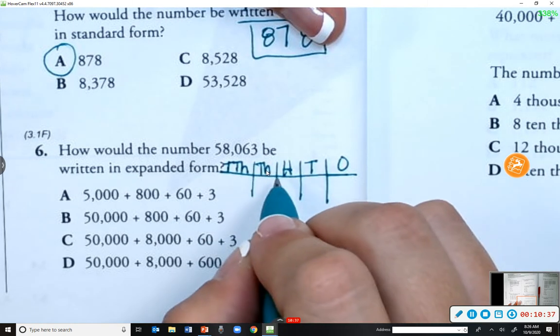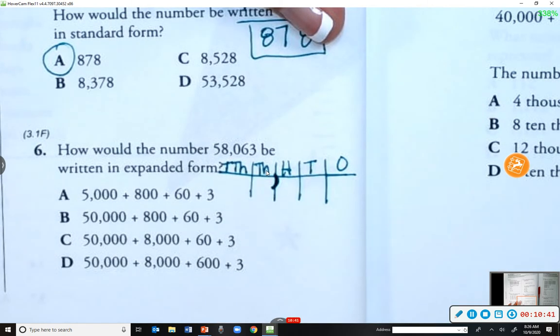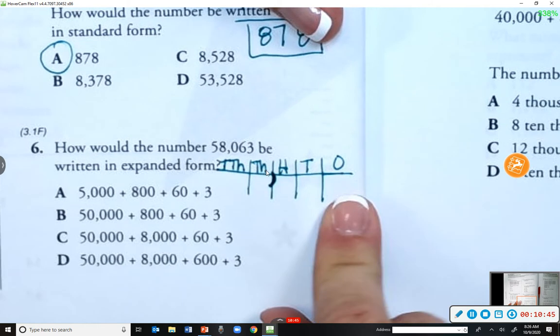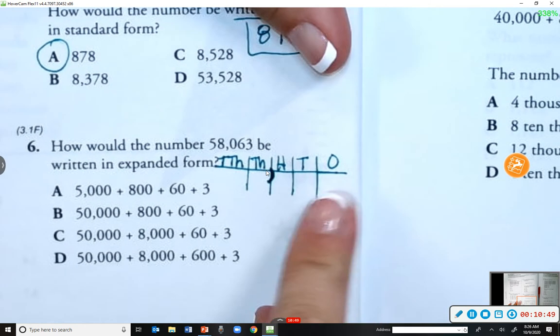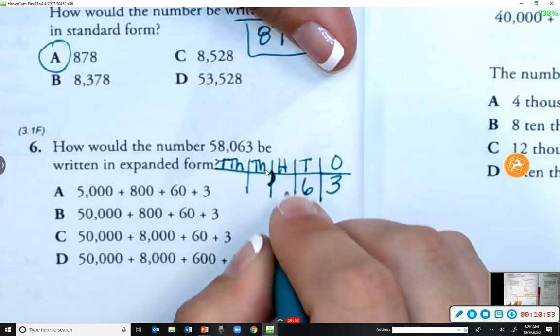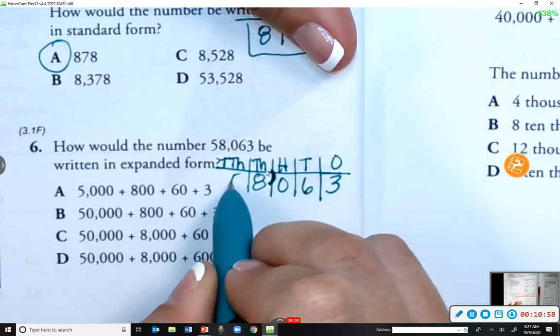Good, we'll stop there. The comma needs to go right here between the hundreds and the thousands place. Okay, now I'm just going to take this number and put it in the correct boxes. So, what number goes in the ones? 3, then the 6, 0, 8, and then 5.